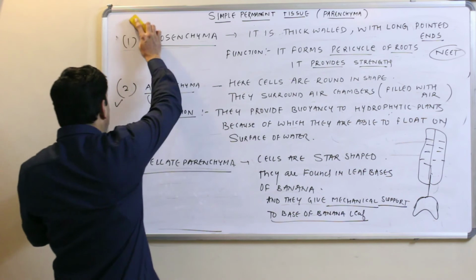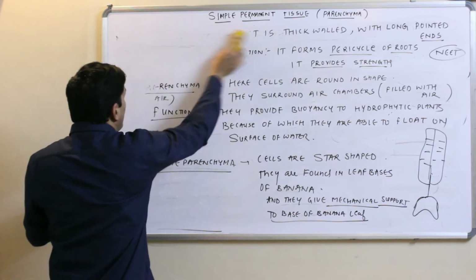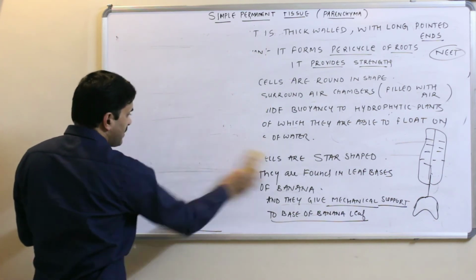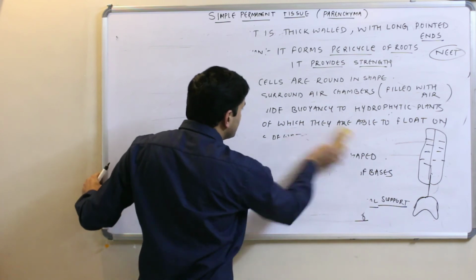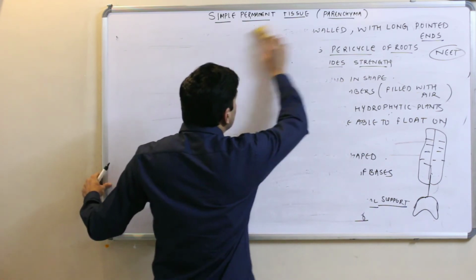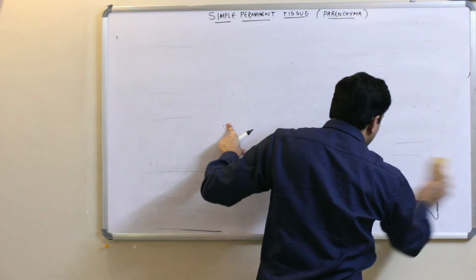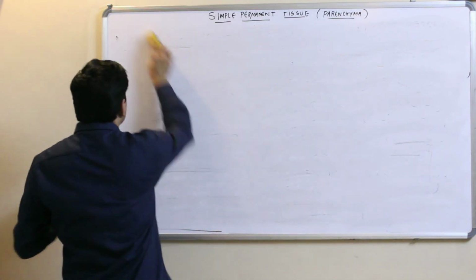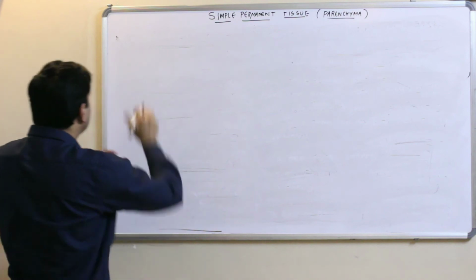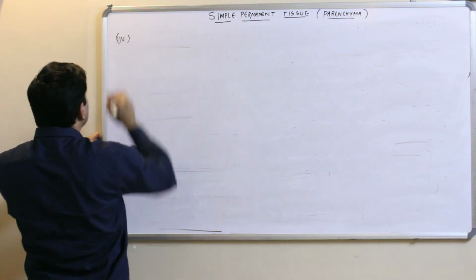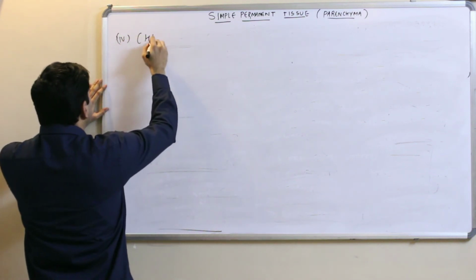Now coming to the fourth one, which is a very, very important type of the parenchyma, and that is the chlorenchyma. Chlorenchyma, fourth type.